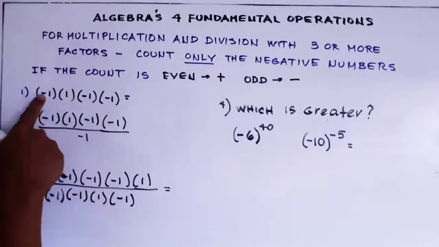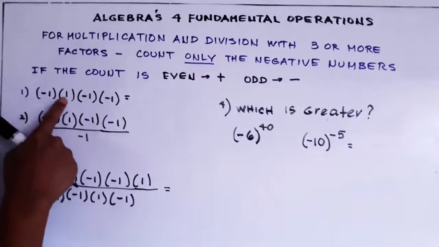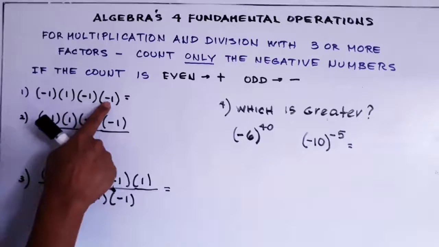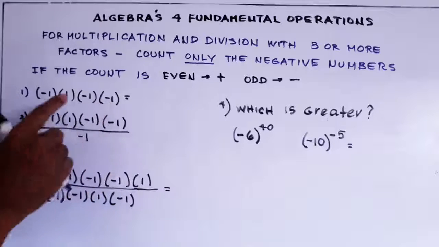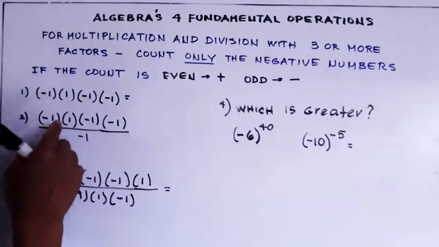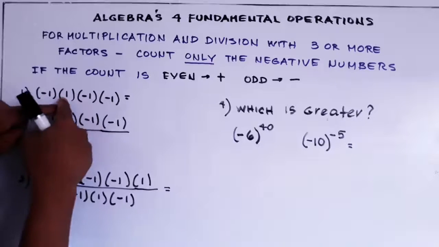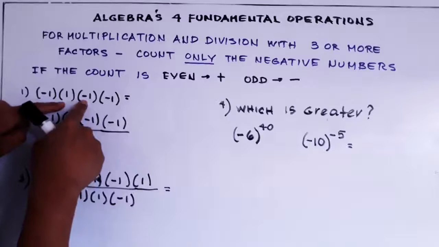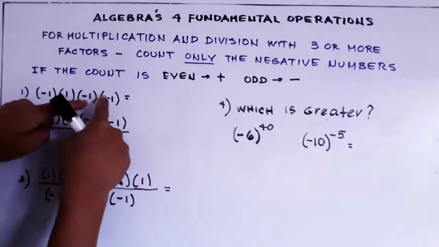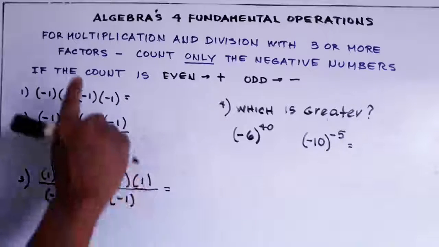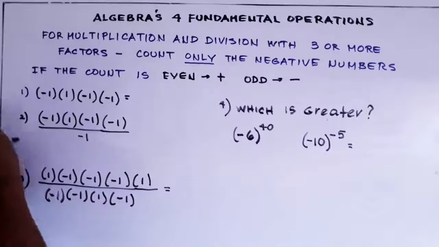This one is negative 1 times positive 1 times negative 1 times negative 1. Now, in our rule of multiplication, negative times positive is negative, negative times negative is positive, positive times negative is negative.